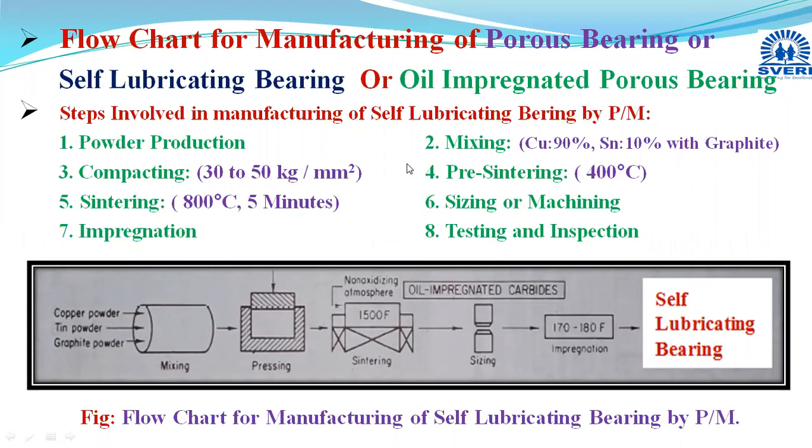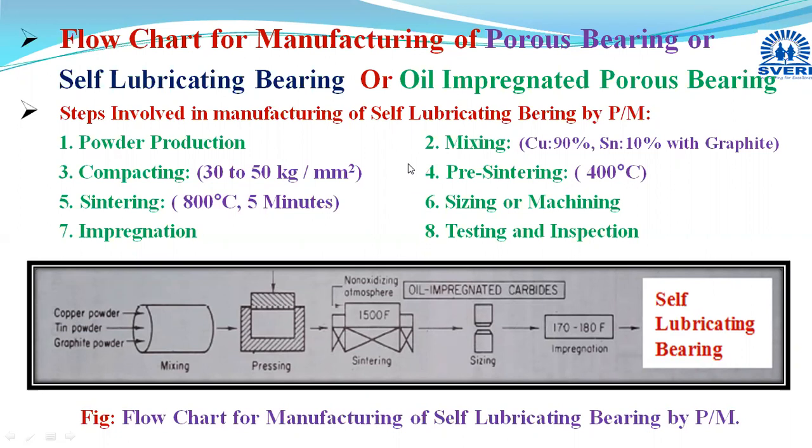These are the two working conditions. Now it is clear which bearing is used for high load and slow speed applications, and which bearings are suitable for low load and high speed applications, depending on the oil retaining capacity, which is decided based on the surface pores. That you can determine its use.